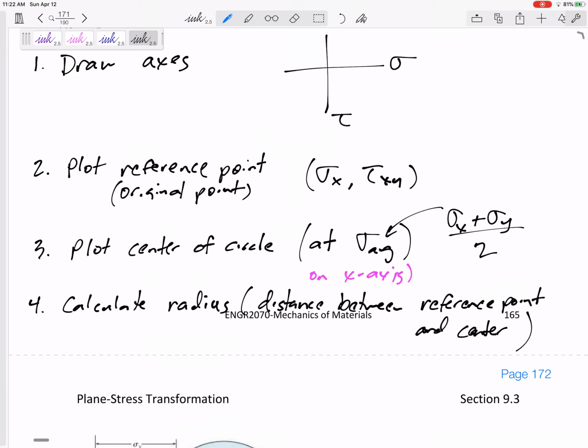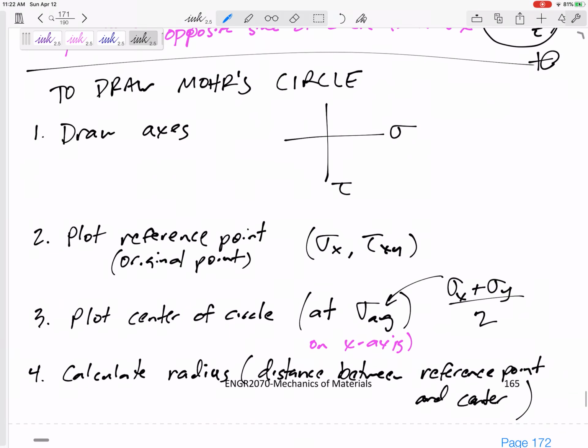Now, like I said, don't overcomplicate this, but be very careful. If my starting point is right here, and my center is right there, then calculate this distance as the radius.